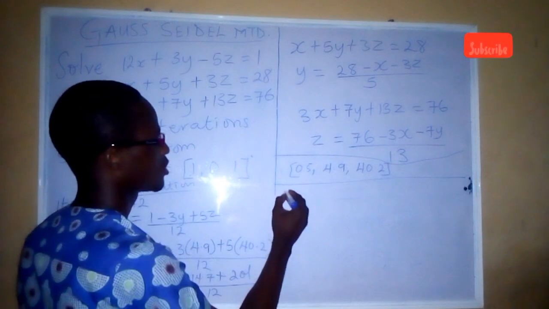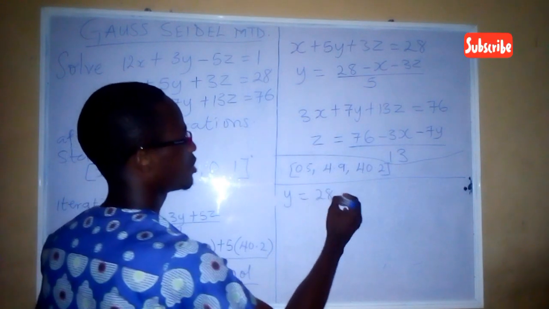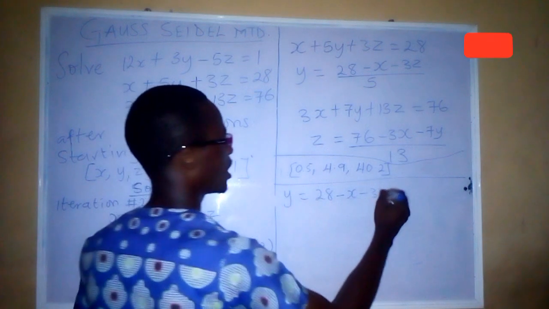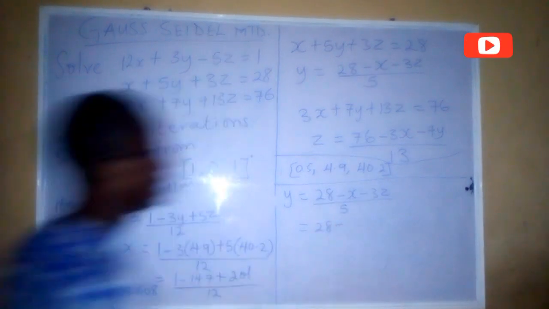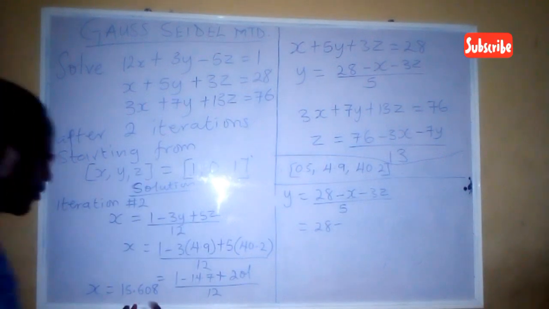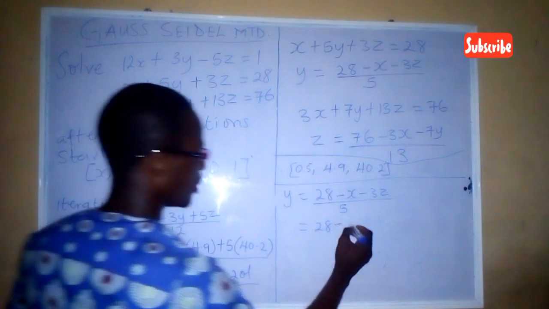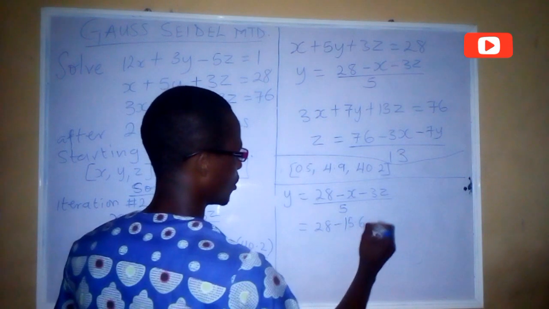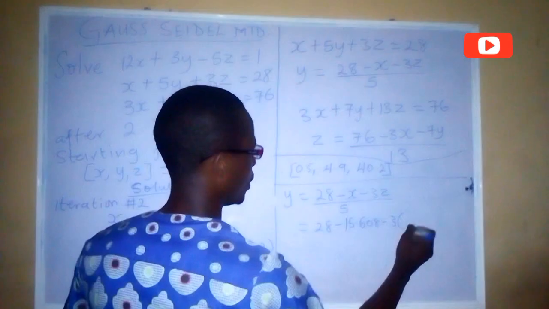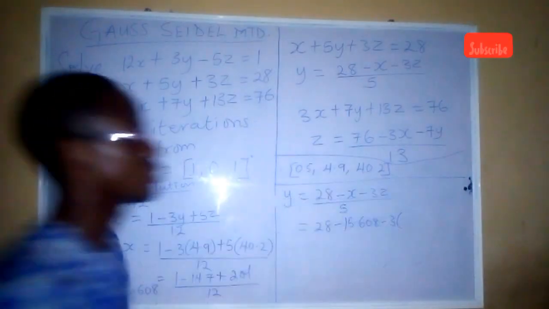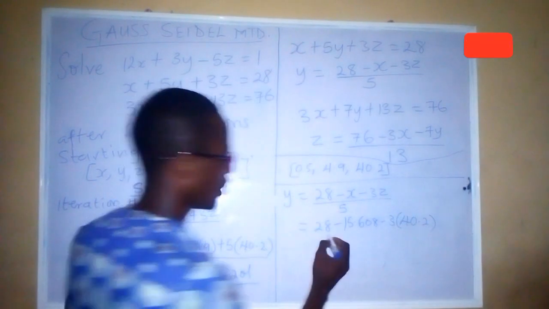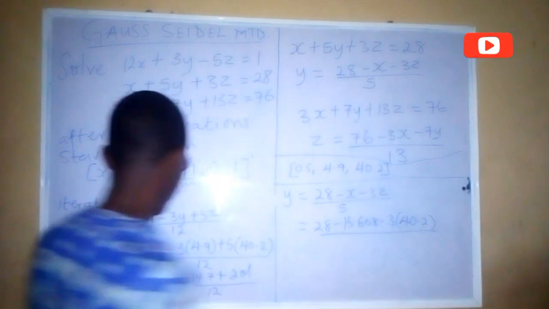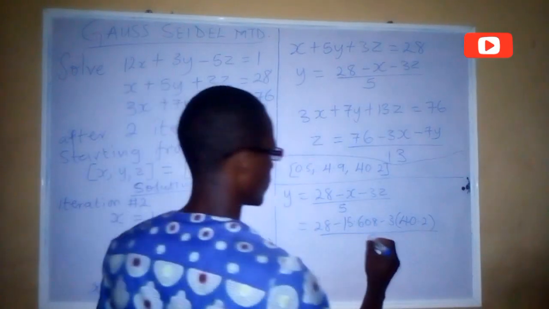So y is 28 minus x minus 3z all over 5. So that will give me 28 minus, and I'm using this value, 15.608, minus 3 into bracket z. We still use 40.2, all over 5.